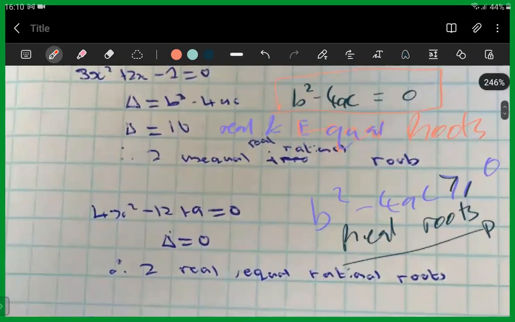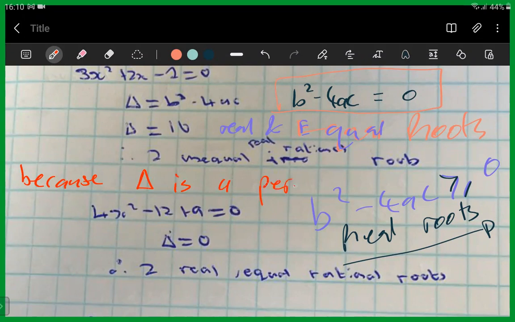Then we can say here, because delta is a perfect square. You need to know this for when you do other cases. You just need to know that. So that's that.